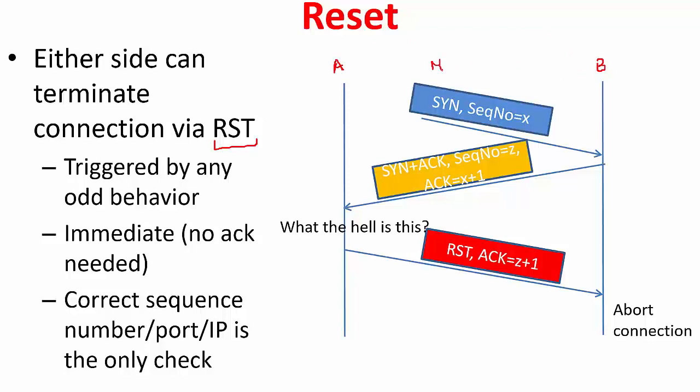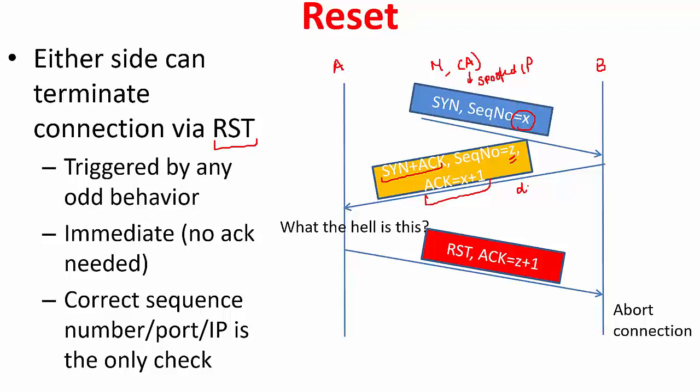Now Mallory has tried to establish a connection with B pretending to be A. So she said SYN, so basically she spoofed A's IP address and established a connection with B where she chose some sequence number X. Now B in response to this is going to send a SYNACK. It will choose its own sequence number Z and it is going to acknowledge this particular sequence number.